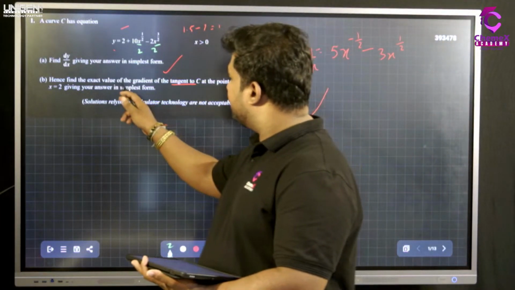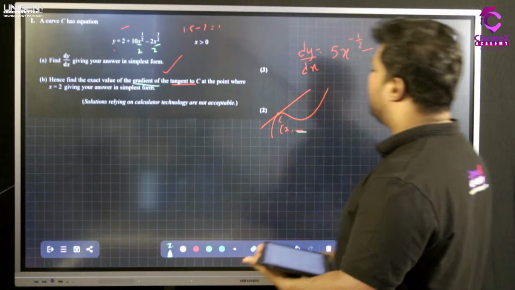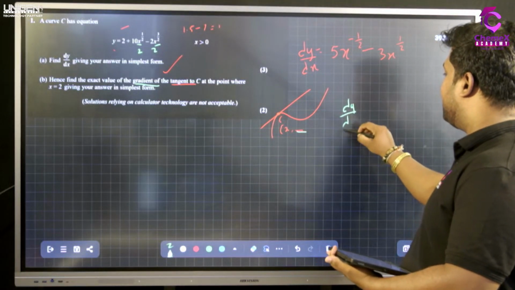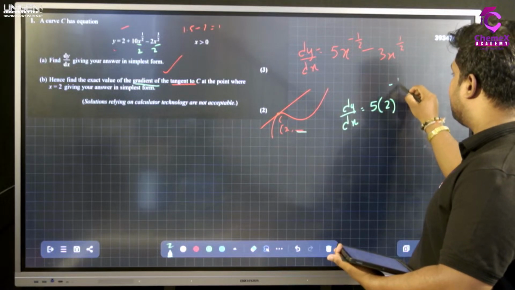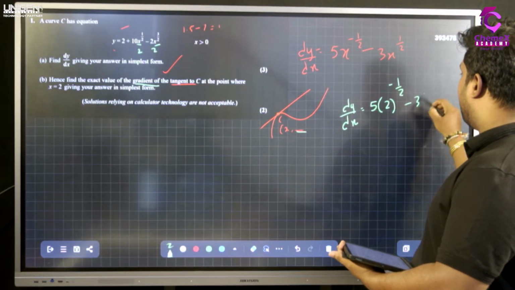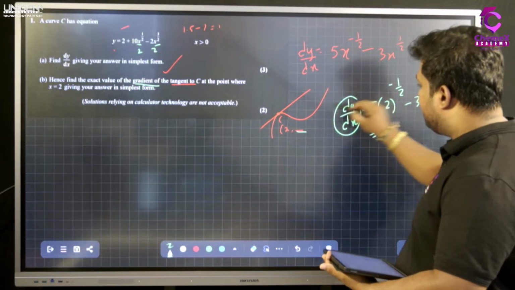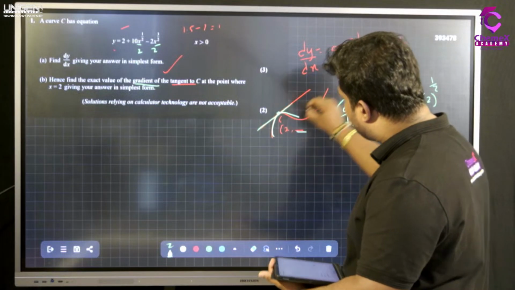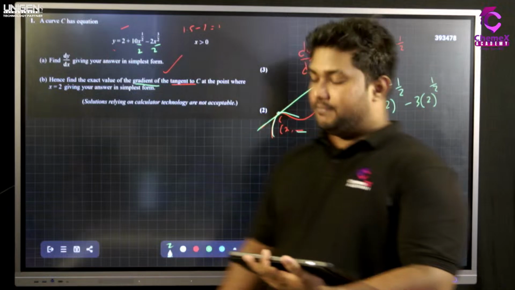They're asking to find the gradient, not the equation, so you don't need y. Why? Because you just need the gradient. So dy over dx equals 5 bracket 2 to the power minus half, minus 3 bracket 2 to the power half. This answer is straight away the gradient of the curve at this place, and the tangent gradient is also equal to that of the curve.